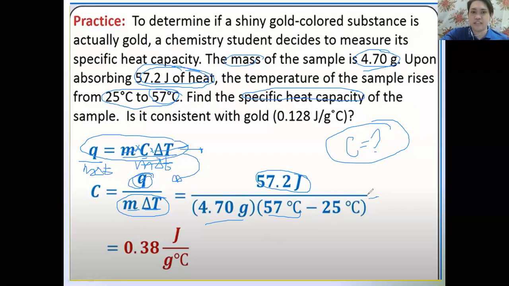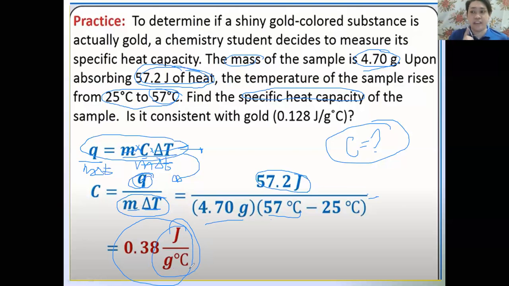So to solve that, 52.2 joules over 4.70 grams, multiplied by the difference of 57 degrees Celsius and 25 degrees Celsius, gives you 0.38 joule per gram degree Celsius.